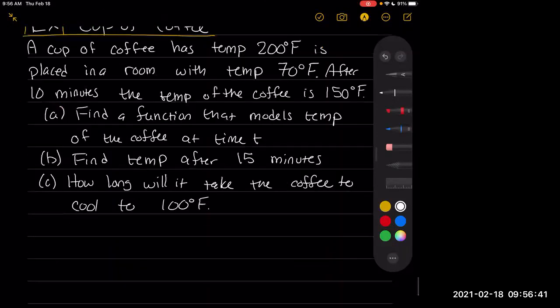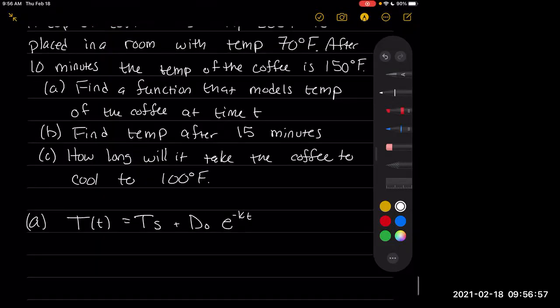So starting with A, we need to find our model. Well, this is our initial formula, and we know that Ts is 70 degrees Fahrenheit. First, we need to find the difference in temperature at the initial point.